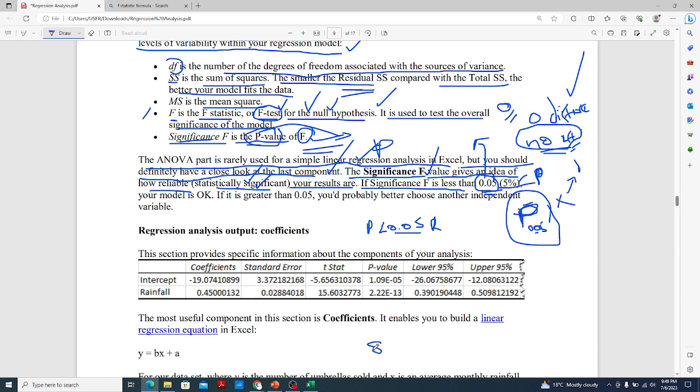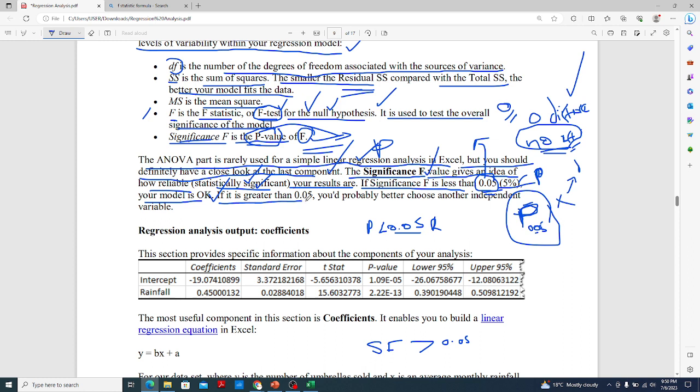If your significance F or your p-value is greater than 0.05, then it will mean that your model is not statistically significant, therefore we can't rely on it. So if significance F is less than 0.05, then your model is okay.